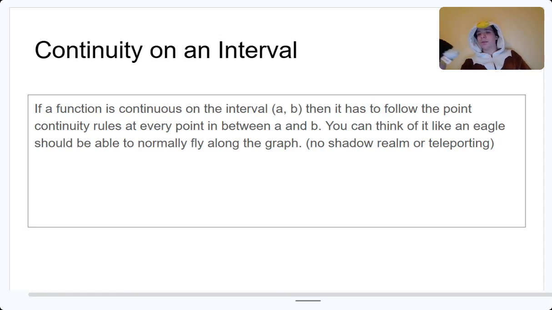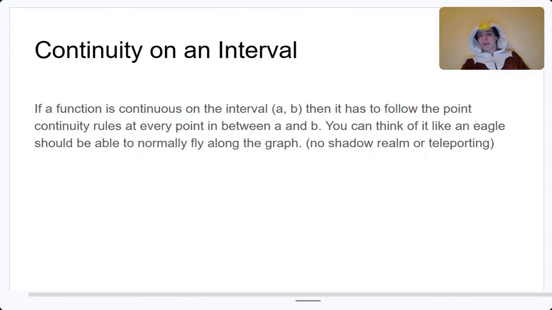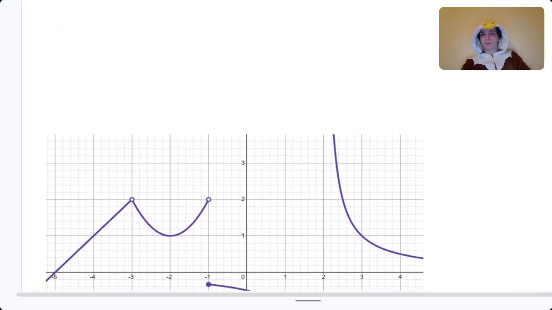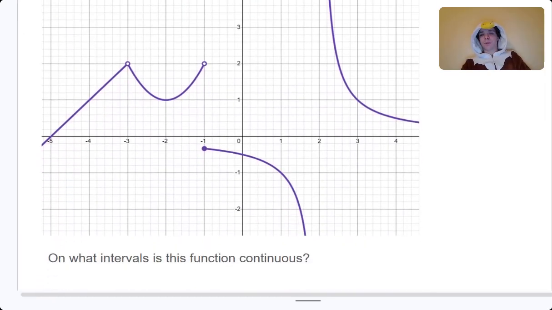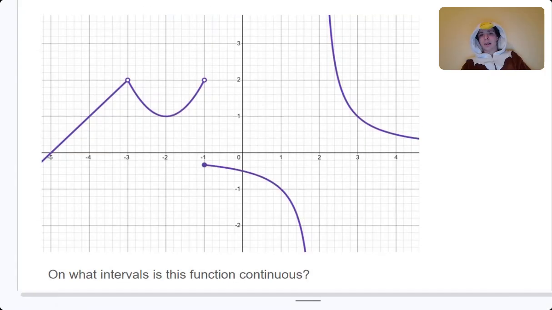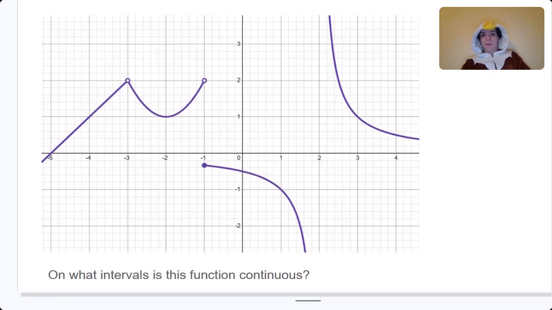It should be able to just fly across the graph normally, like no shadow realm, no teleporting, just a nice, smooth, normal flight. And let's try this practice problem. So we got the same graph as before, but this time we want to know on what intervals is the function continuous?